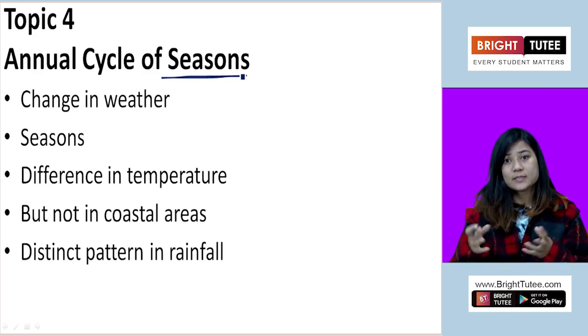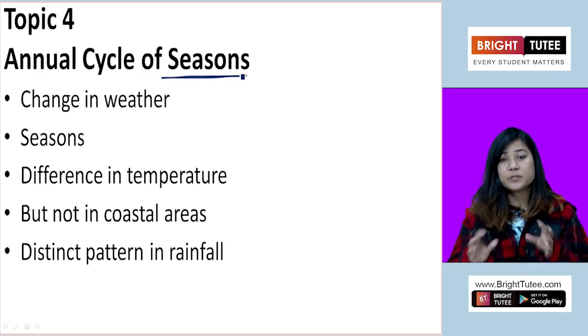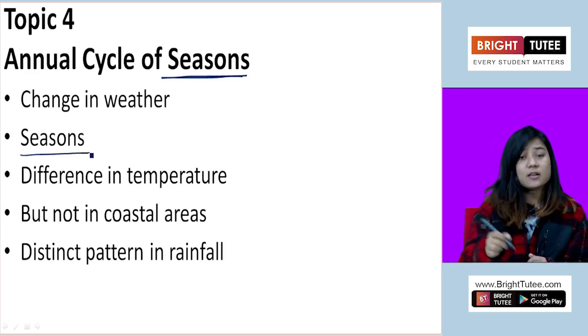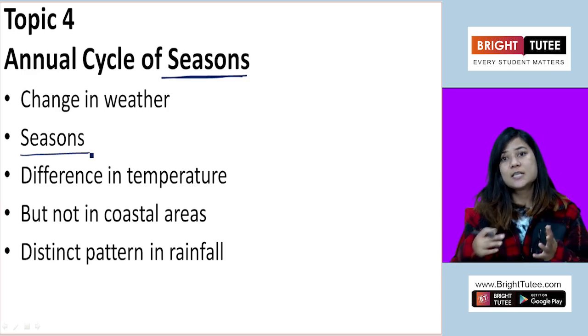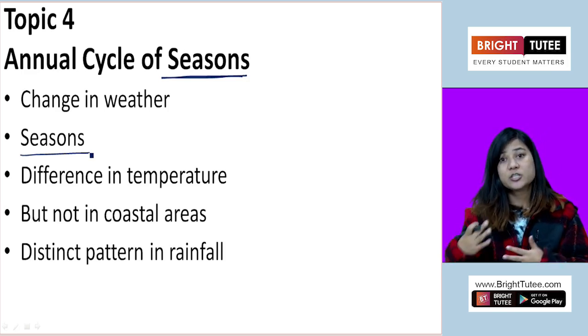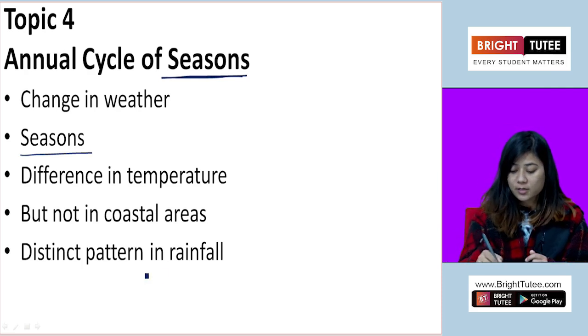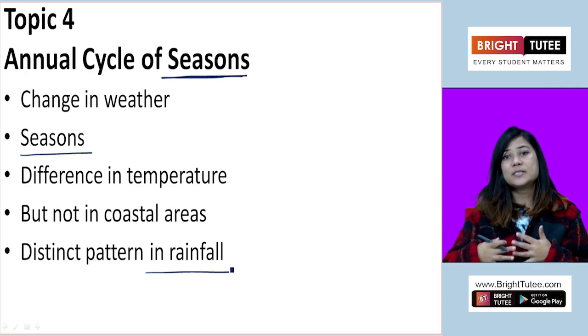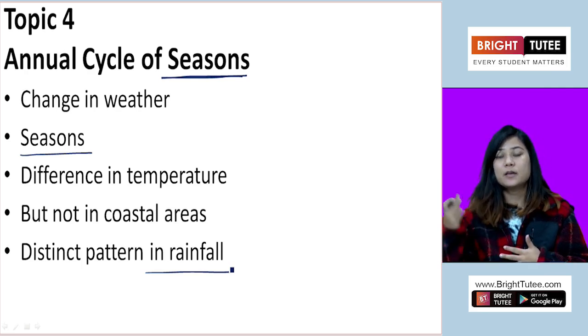Now with that, the weather also changes between the different parts of India. And with that change in weather, the change in season occurs. Seasons are changes in temperature and weather, with a distinct pattern in rainfall that occurs in a rhythmic pattern.